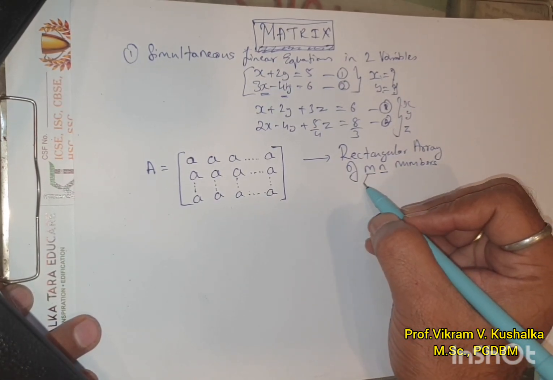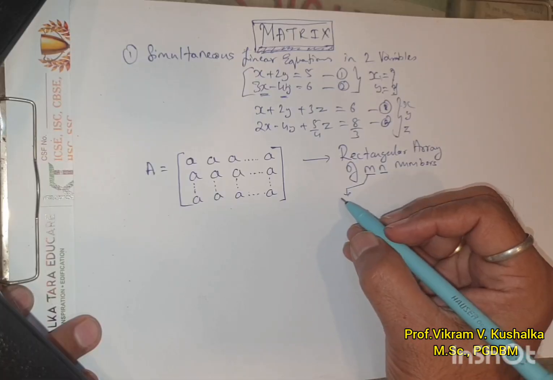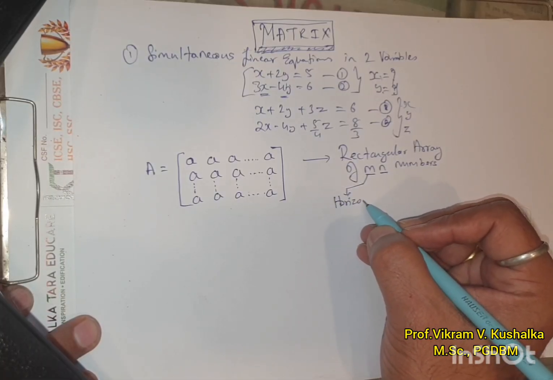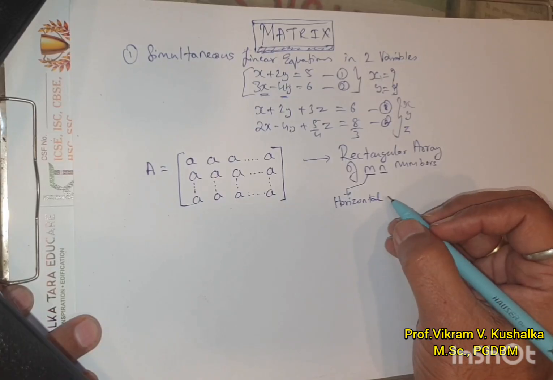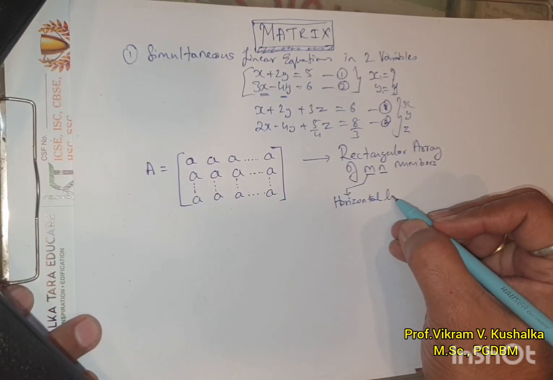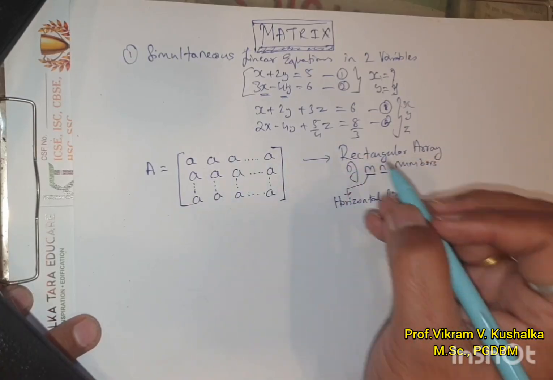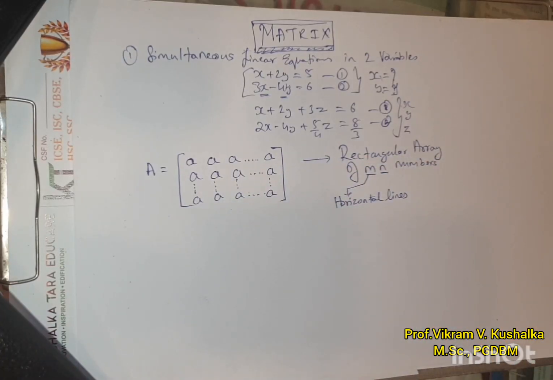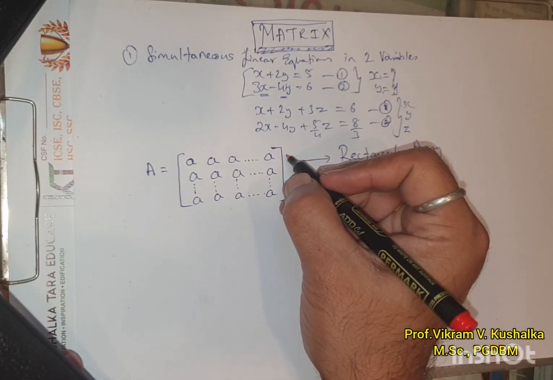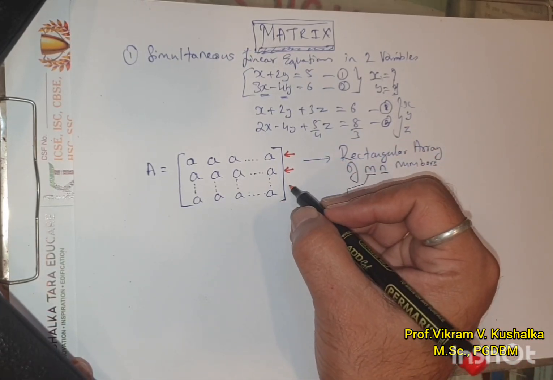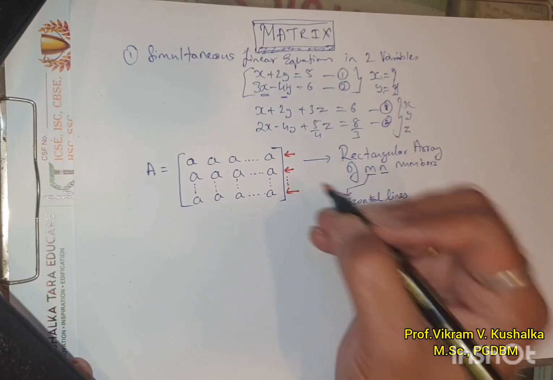So m is nothing but the horizontal lines. Now in this particular box which you can see over here, which are the horizontal lines? I'll show you with the help of a red marker. So this is my horizontal line 1, line 2, and then it goes to line m.